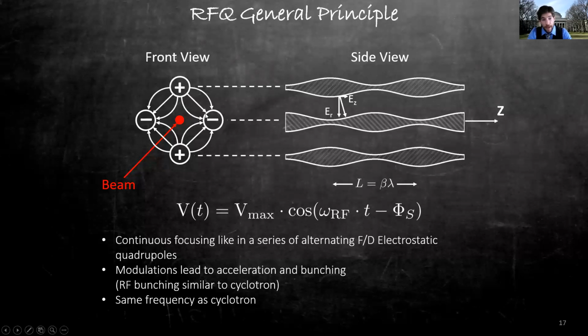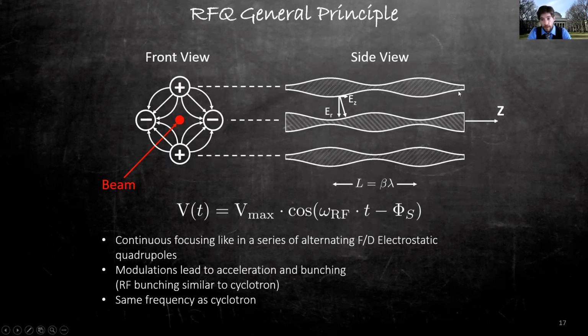Now they're not static, there's an RF voltage applied to these electrodes that goes with the RF frequency, and of course there's a phase. And what that does is it continuously focuses the beam, alternating in horizontal and vertical direction.